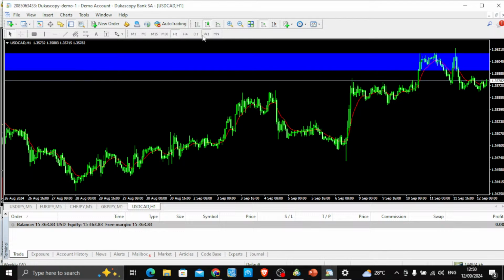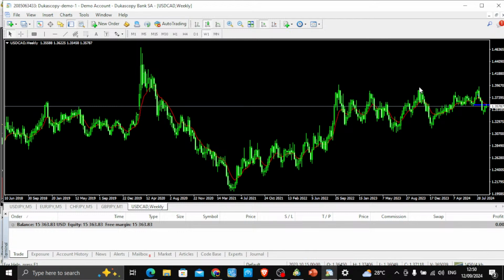So we go to our weekly. On our weekly, we have the latest, the previous highest point was broken. Look at it here. It was broken.